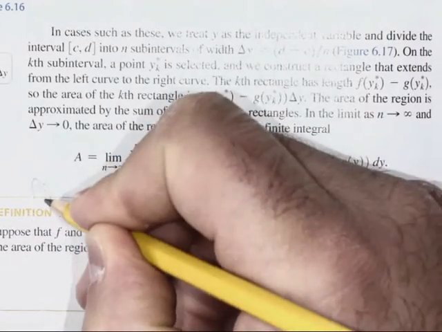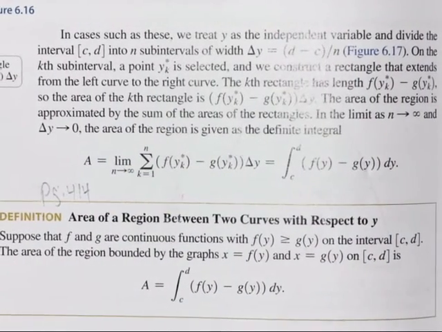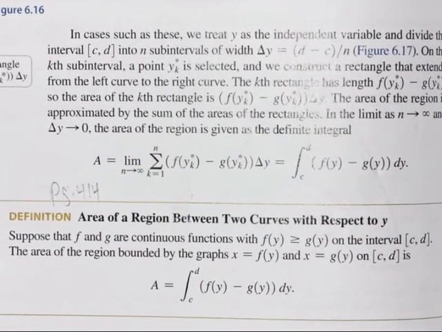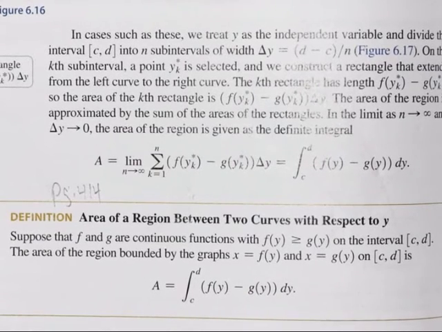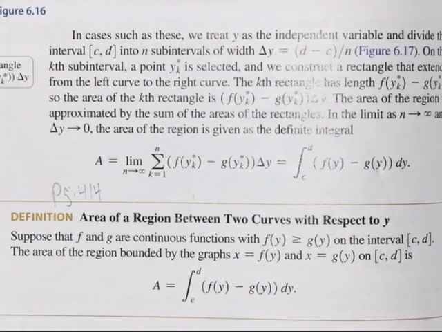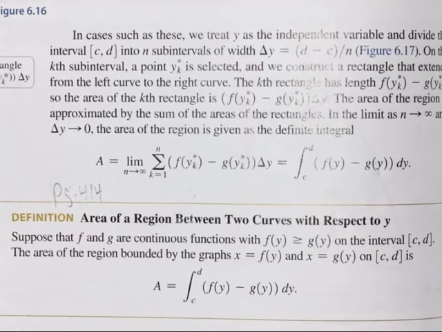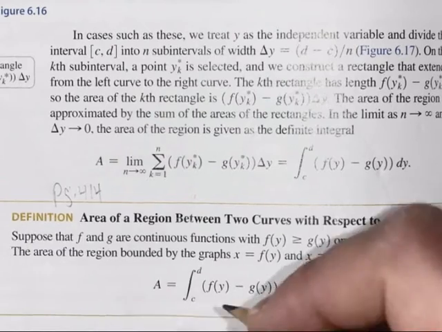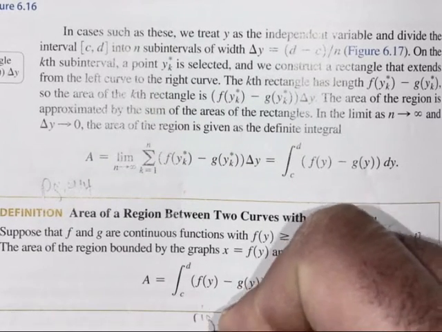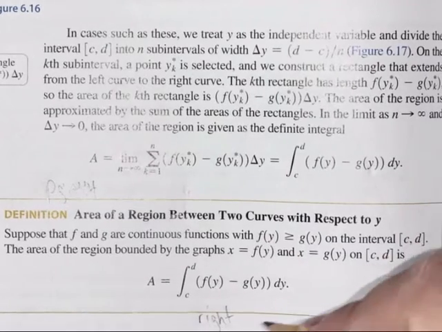You can follow in the book, but notice that C and D are those y coordinates, so we're going up and down on the y-axis in terms of our starting and stopping point for our integration. f of y is the rightmost graph, and g of y is the leftmost graph.